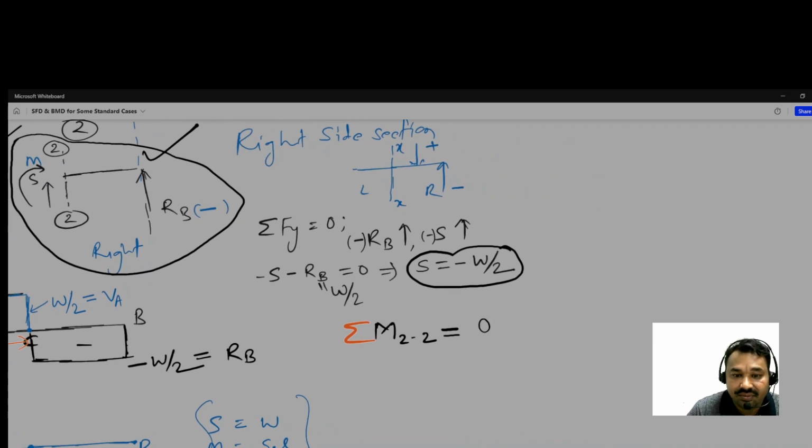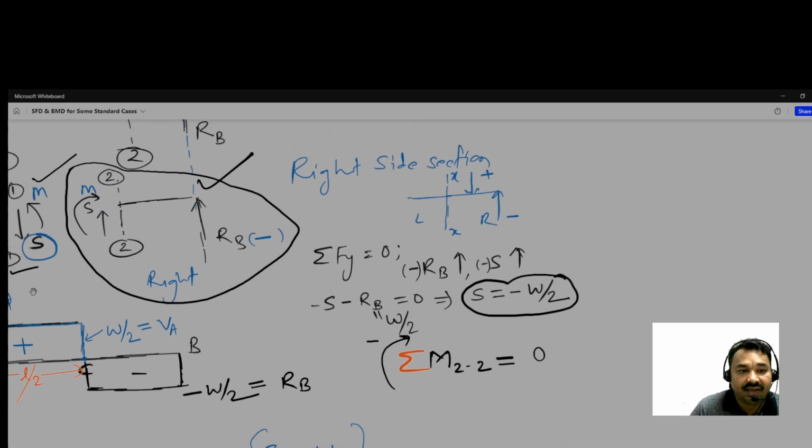So same we have to do, means anti-clockwise positive, clockwise negative. Okay, so our focus is now here.